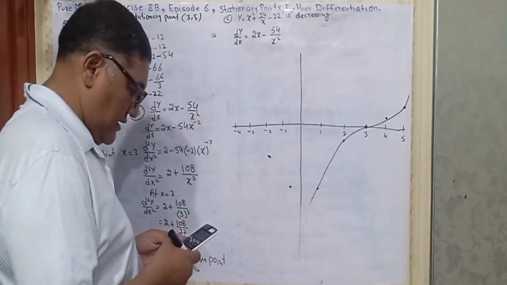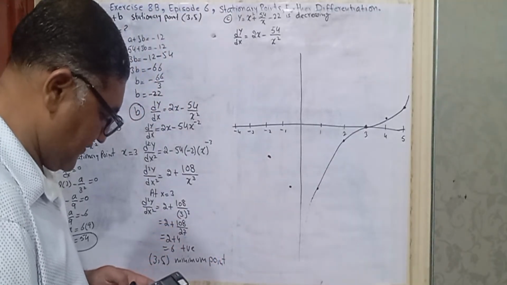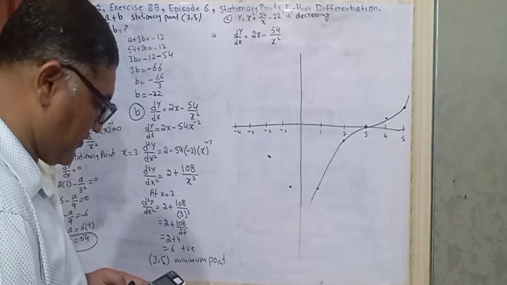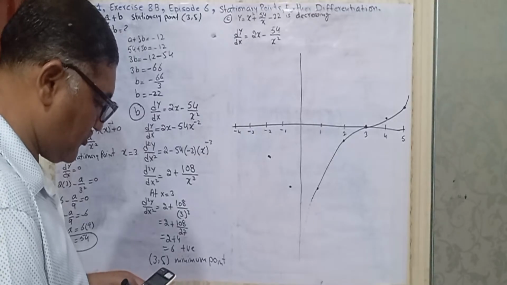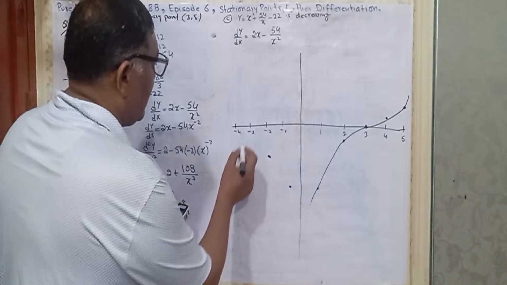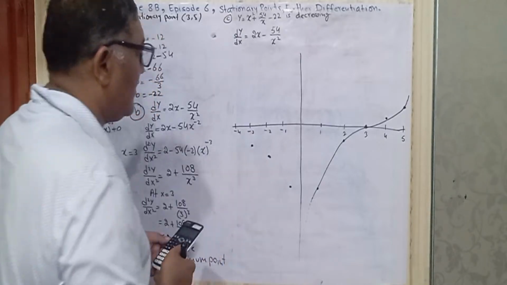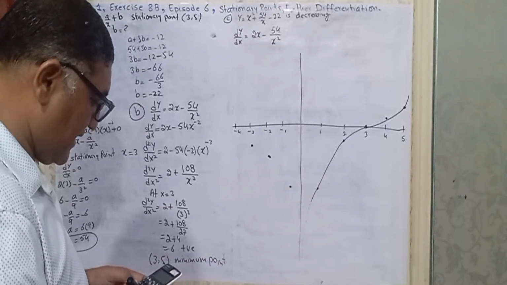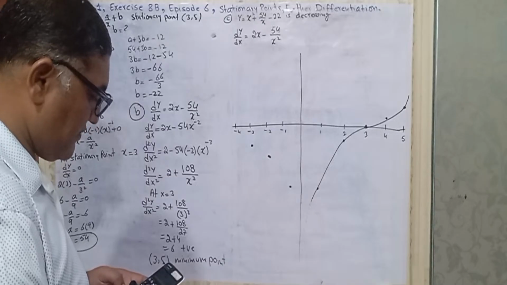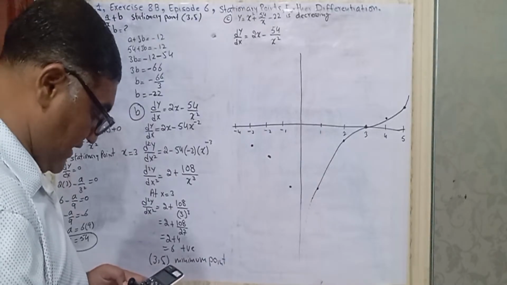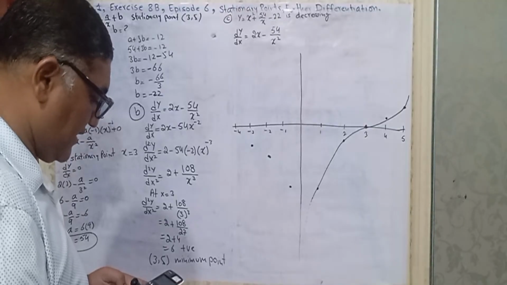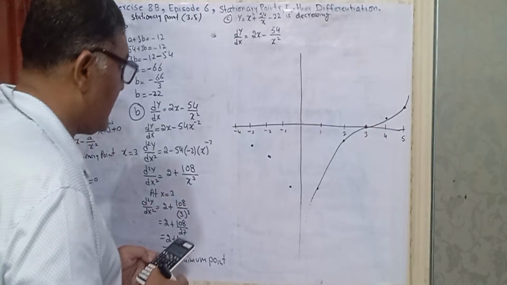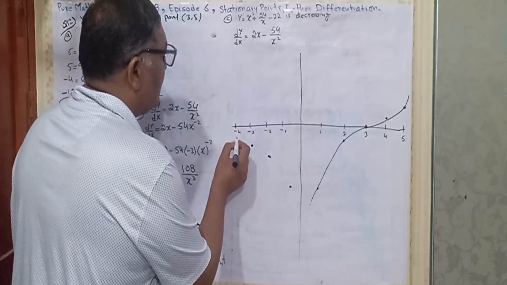And at -3: 2 multiply (-3) minus 54 divided by (-3) squared equals, at -3 it's -12 somewhere here. Then at -4: 2 multiply -4, and then -54 divided by (-4) squared equals, it's 11, so it will be here somewhere, suppose.